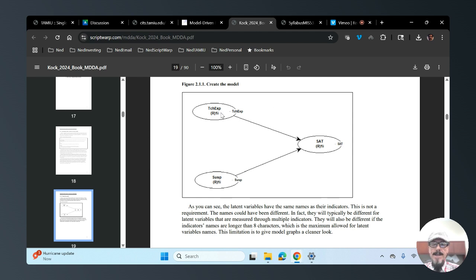Now, for latent variables, like here, I use the same name as the indicators, but I could have more than one indicator. I could have had three here, for example, and then I would aggregate those three to create a new measure, and that would be my latent variable. This is why we call it a latent variable, because it can aggregate multiple measures. It doesn't have to, but it can.